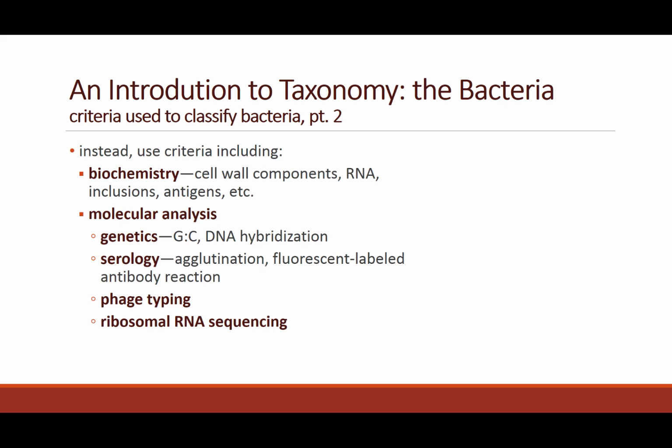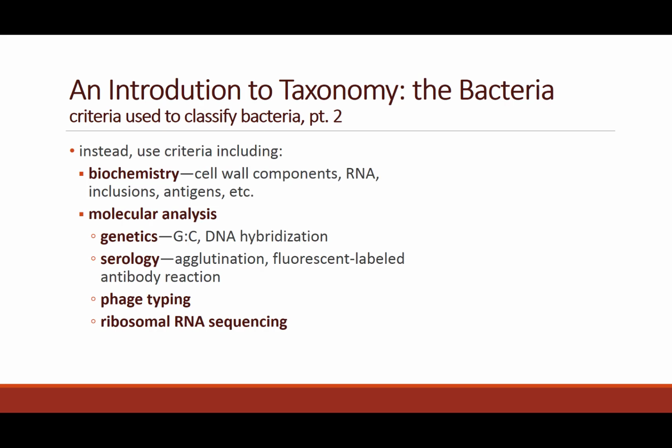To continue with that list of criteria, we would add to it biochemistry, so what the cell wall is composed of, the RNA and the proteins associated with the RNA, the inclusions that are found in the cells, the antigens that are found on the cell surface, and then molecular analysis, so looking at the DNA itself or the RNA itself, so the genetics of it, the GC ratios, so their GC percentages, the ability of the DNA to hybridize.